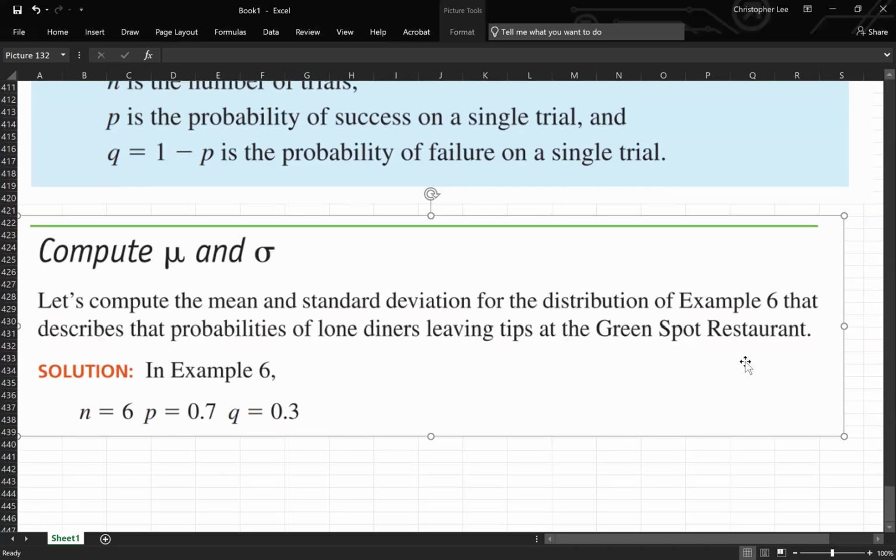Let's say that I want to compute mu and the standard deviation, the population mean and the standard deviation.